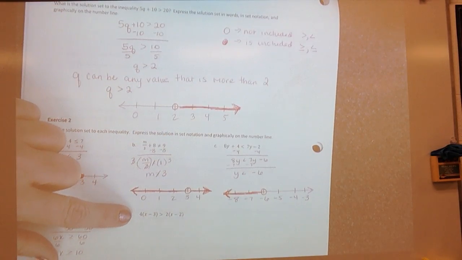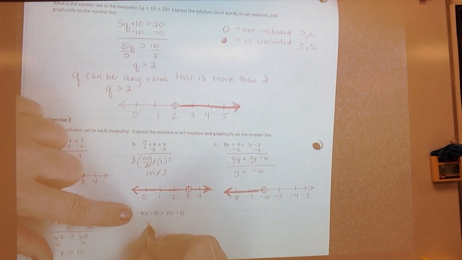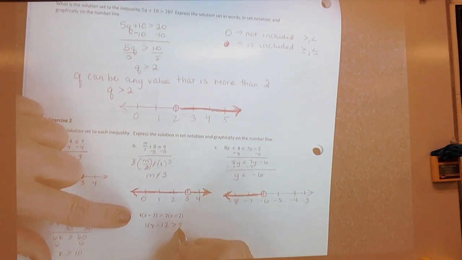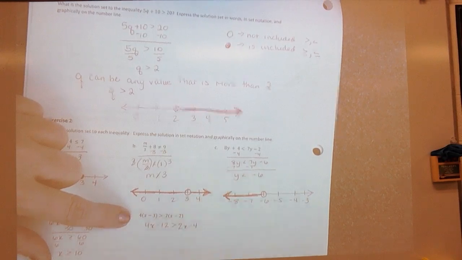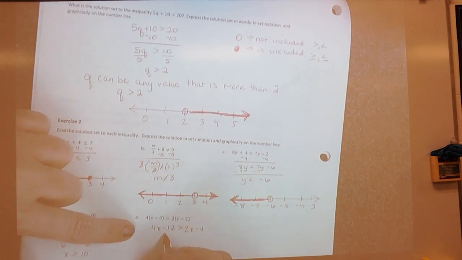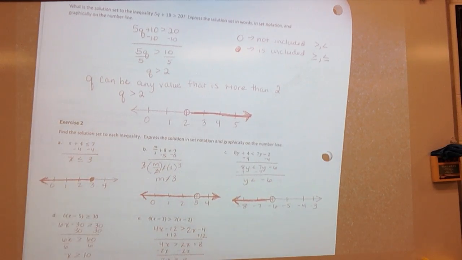Use my distributive property. 4x minus 12 is greater than 2x minus 4. I'm going to add 12 to both sides. 4x is greater than 2x plus 8. Subtract my 2x. I get 2x is greater than 8.